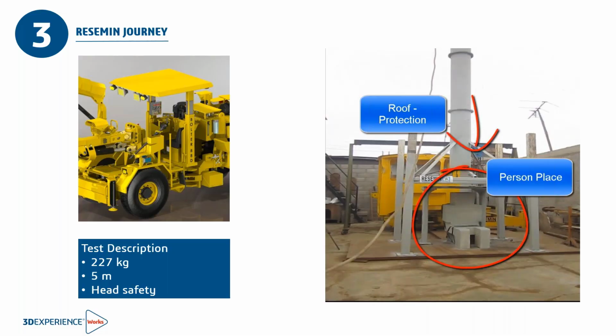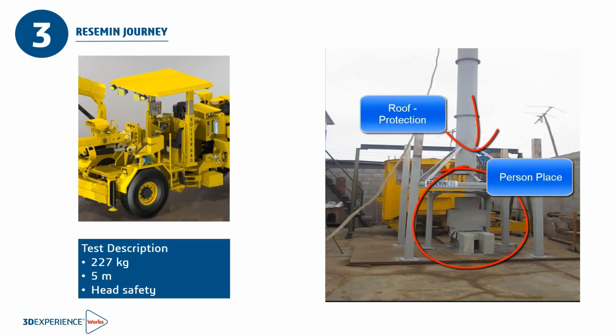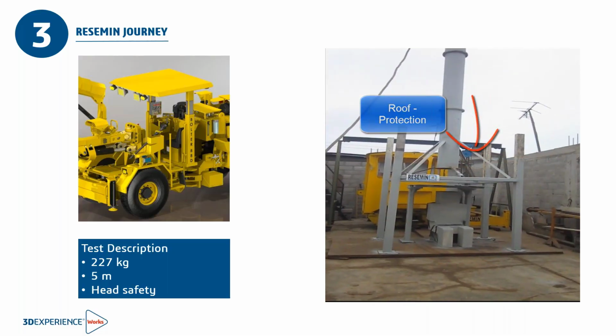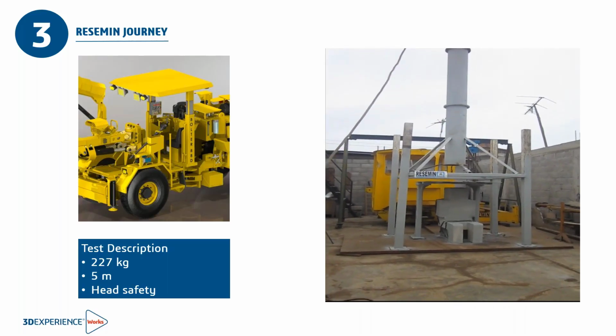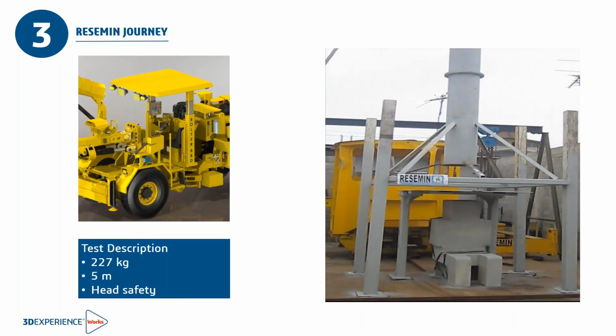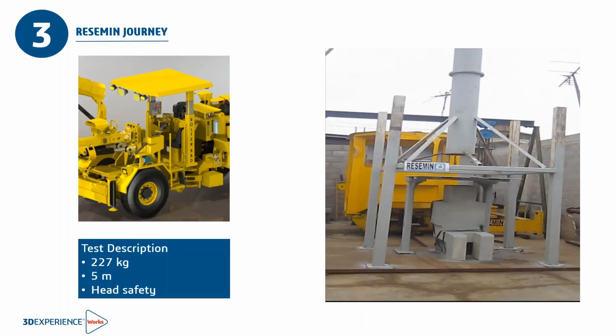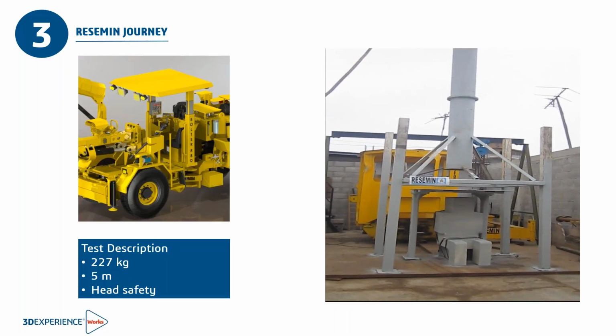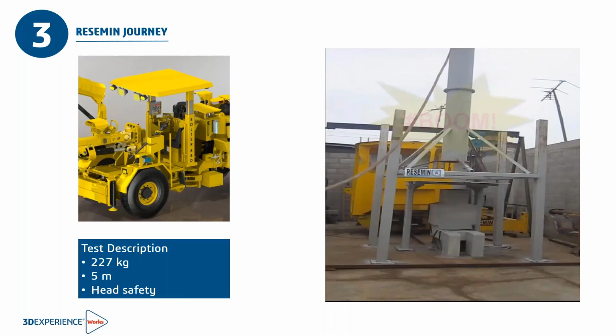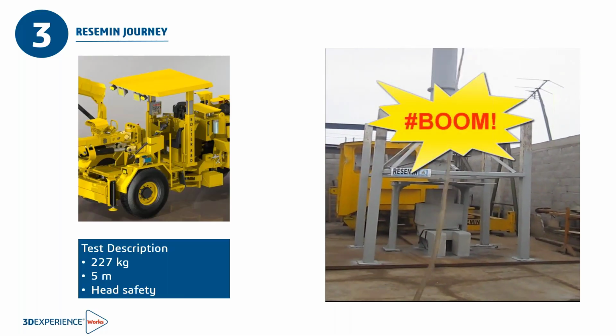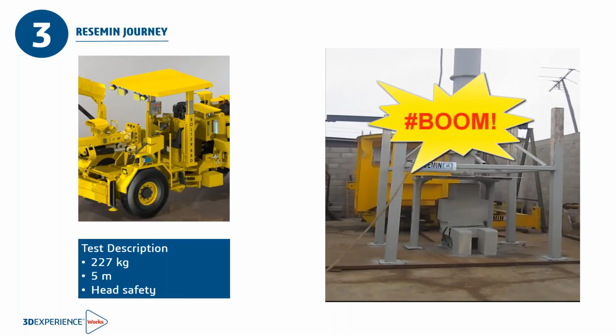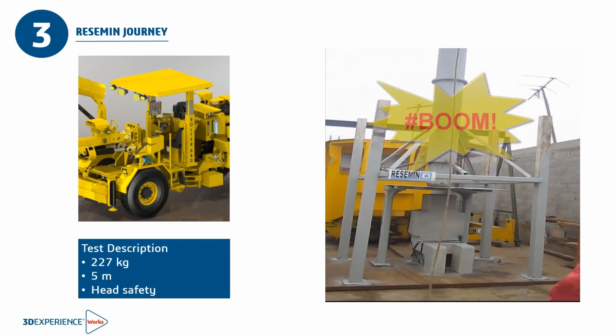You can see there is a person who sits there, and there is a roof protector. This is the testing setup you can see here. One of the requirements was to understand if this setup can also be replicated on the 3DEXPERIENCE platform.